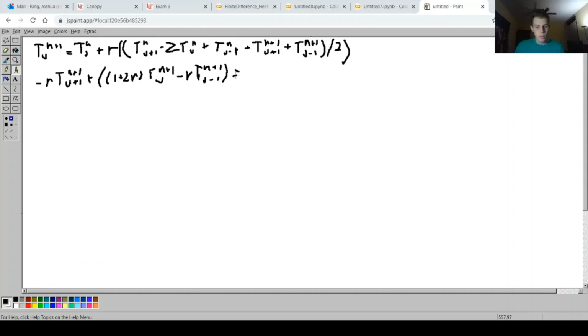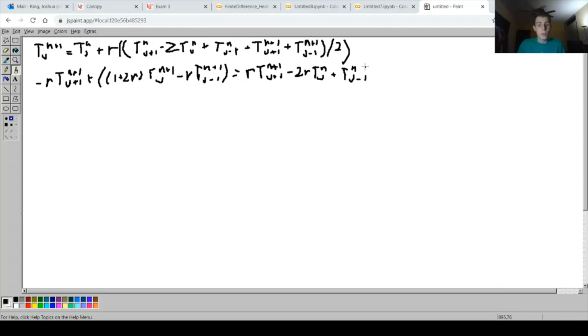And then that is set equal to r of T n plus 1, j plus 1, and that is being subtracted from 2r of just normal T n j, and finally that is being added to T of n, j minus 1, not plus 1.